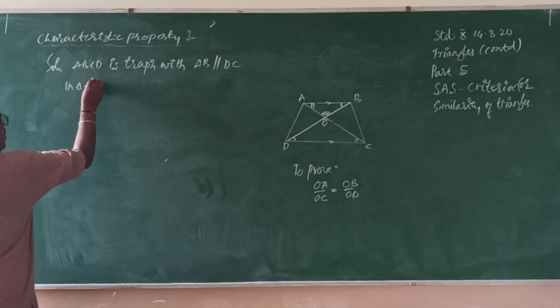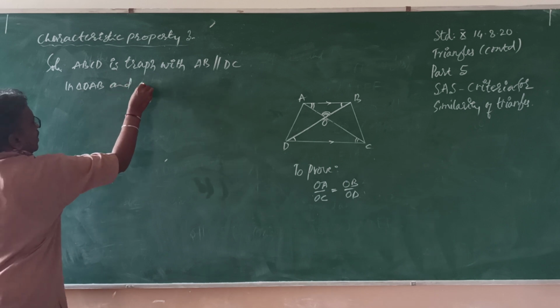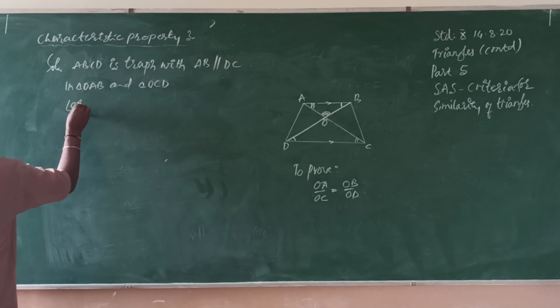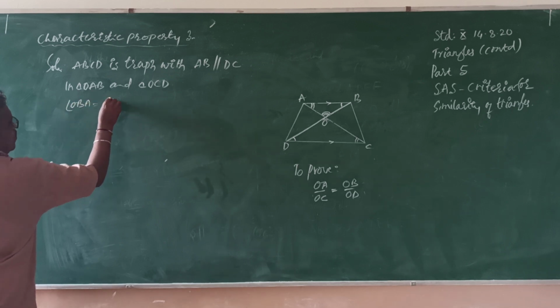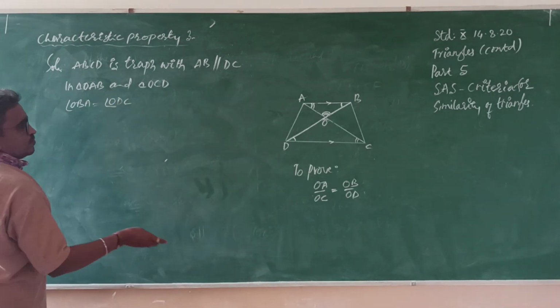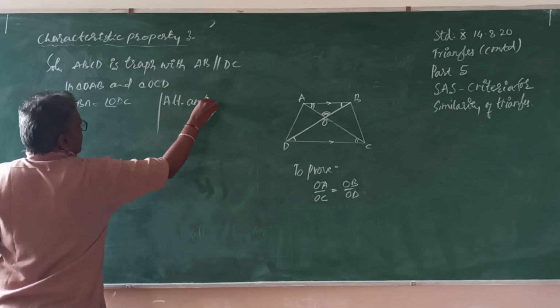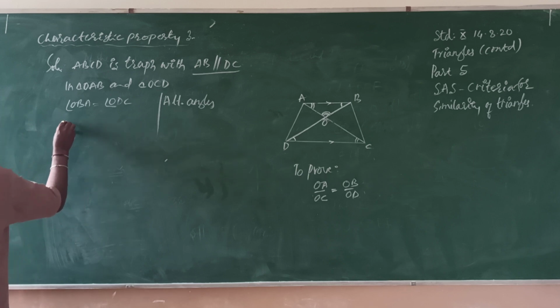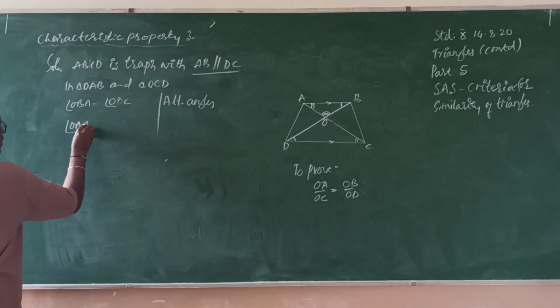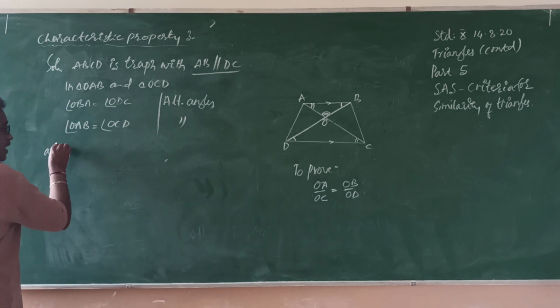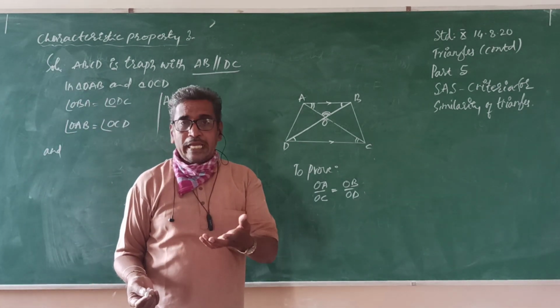In triangle OAB and triangle OCD, angle OBA is equal to angle ODC, the reason being alternate angles. And angle OAB is equal to angle OCD. Two angles are there, so it is the AA criteria.